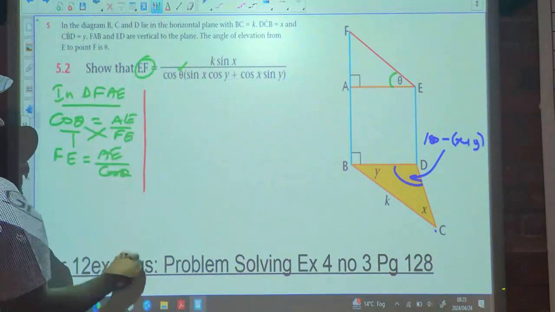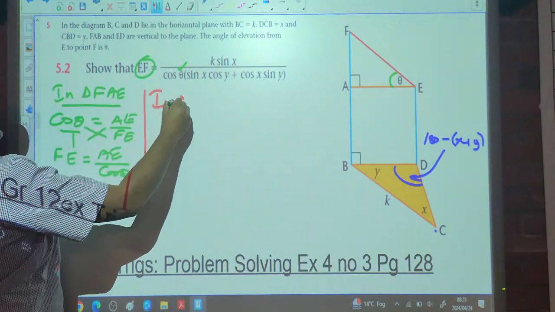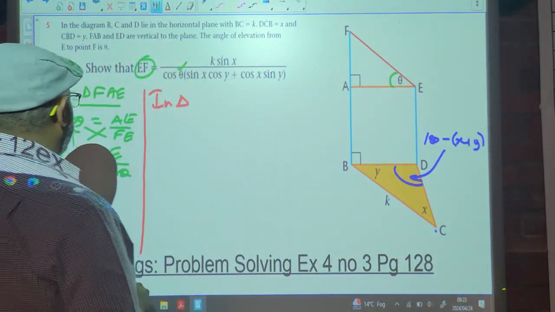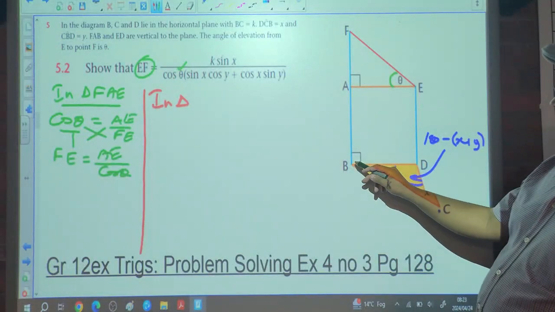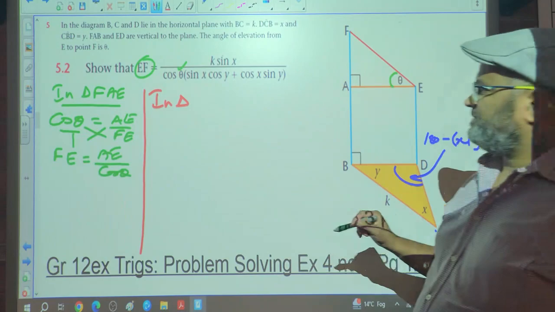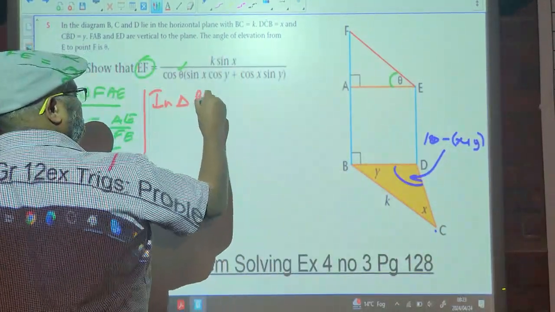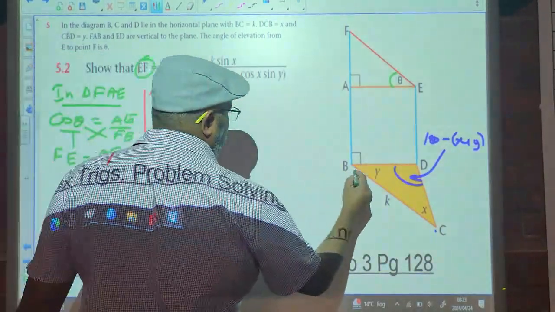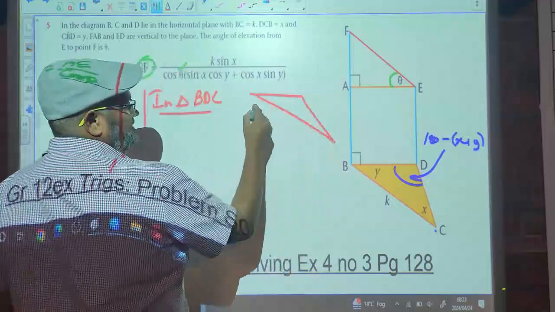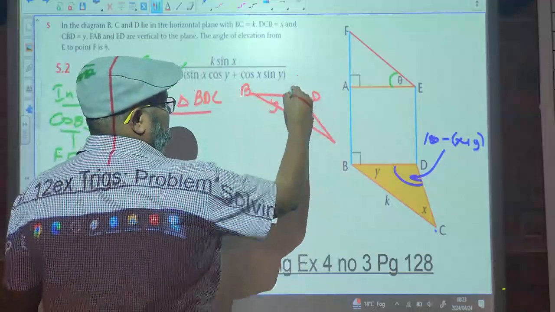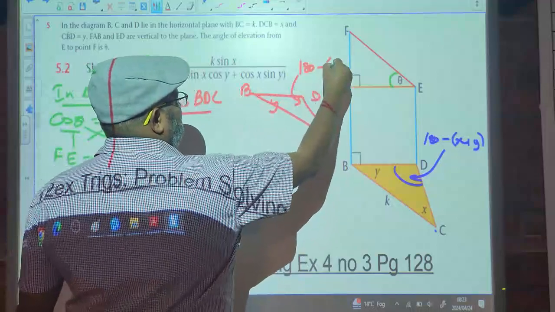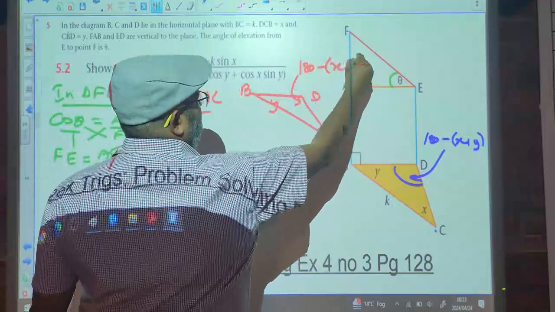Okay, so let's move this over. Then we're going to work in triangle BDC, as I want to keep the diagram in focus. What you should see here, B, that is Y, D, which is 180 minus (X plus Y).